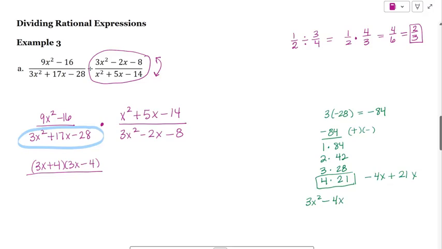Minus 4x plus 21x minus 28, and then I'll factor by grouping. I'll group these, and I'll group these. So this is a 3x, x minus 4. I want this to be x minus 4. And so I'll put a plus.